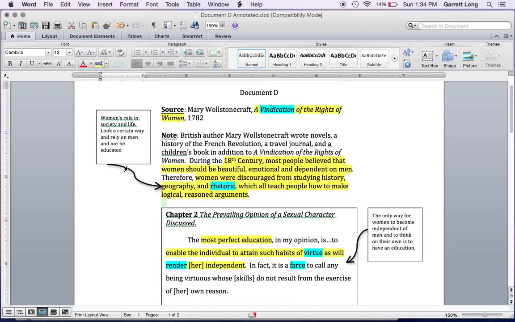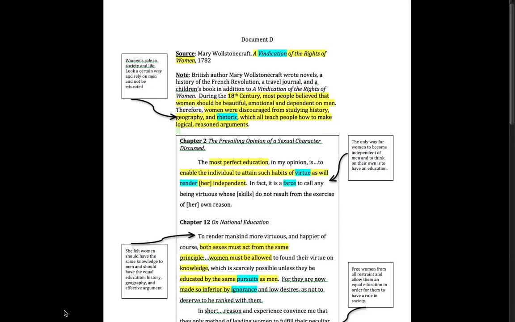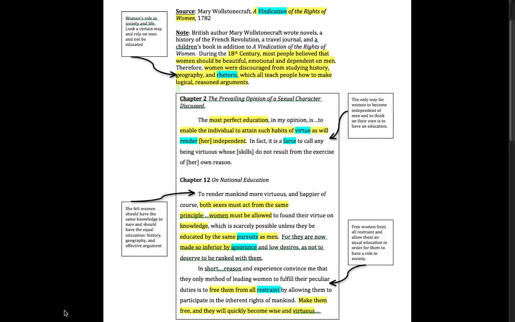Okay, so what I'm going to do is go into full screen for you guys so you can see all the annotations. And what you guys need to do is pause this, and make sure that the annotations you wrote in this lecture match up to my annotations.